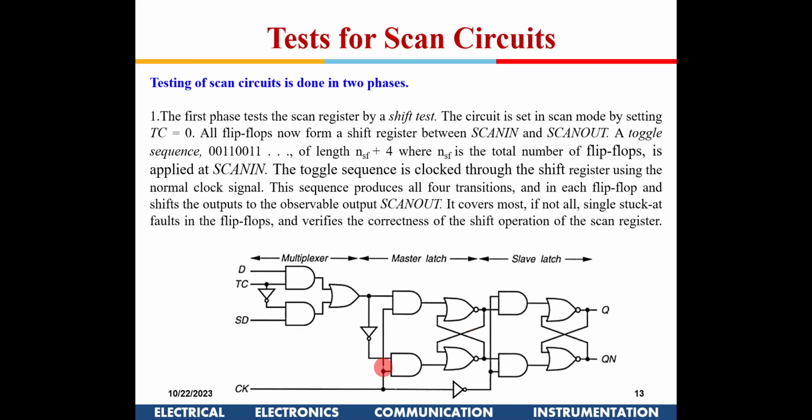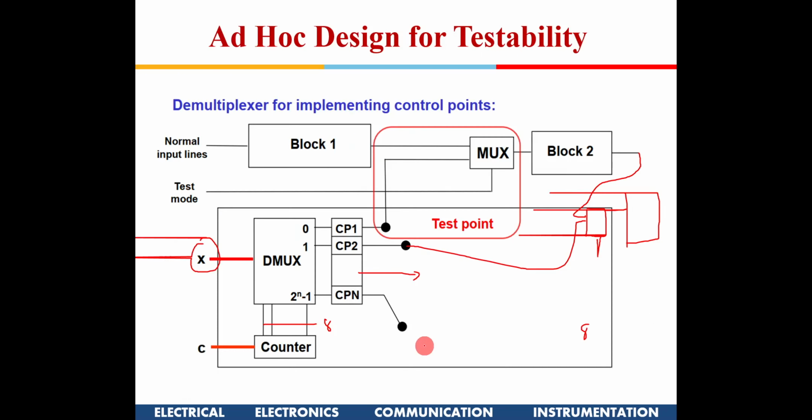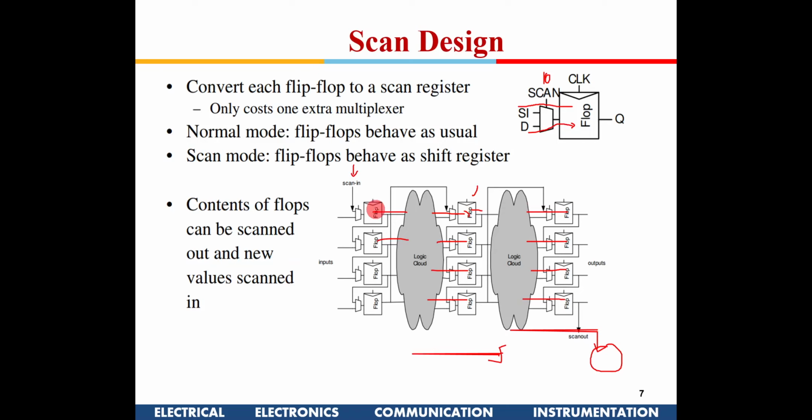Now, to do the testing, first we need to test whether these flip-flops are working fine or not. If I go back to the scan design, before I test the combinational circuit, I will test whether these flip-flops are working fine or not.